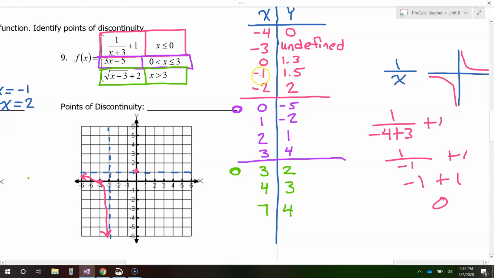And -1 is at 1.5, so that should be right here in the middle. And then -2 is at 2. So -2 comma 2. So you can see the branch that's happening right here. That's curving down and passing through these points.